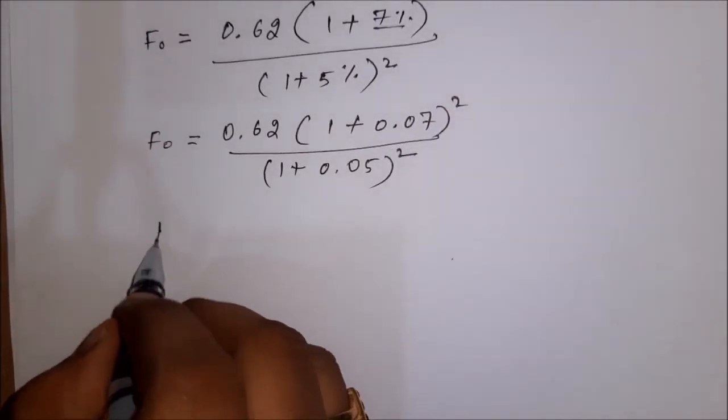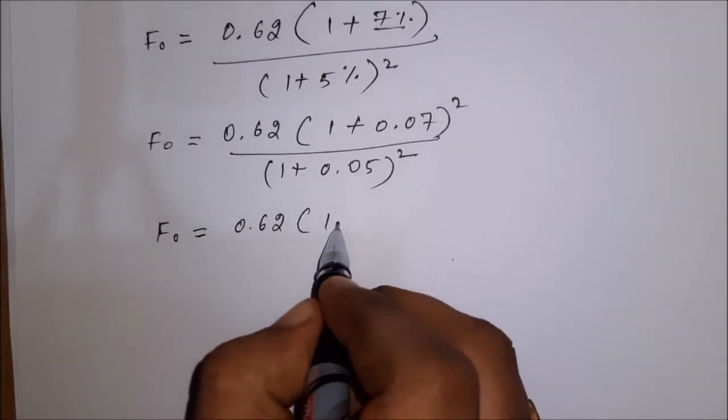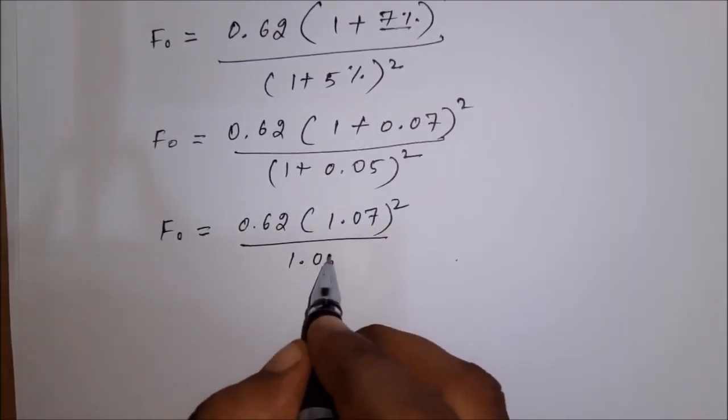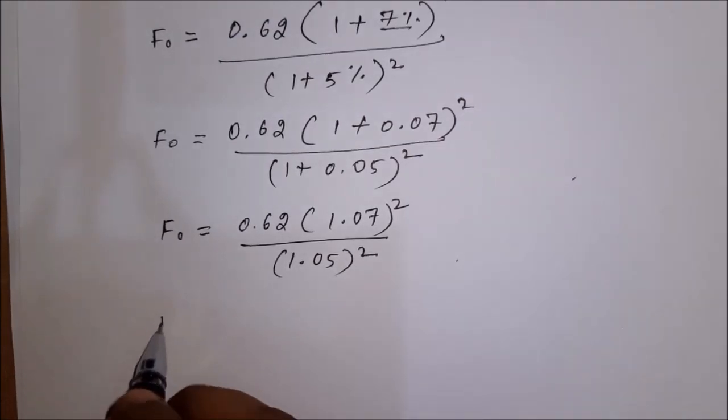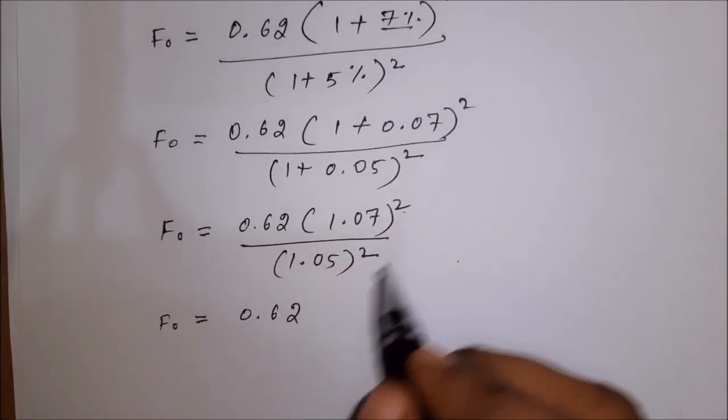F naught is equal to 0.62 into 1.07 squared over 1.05 squared.